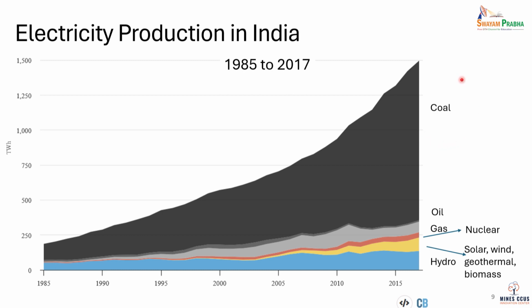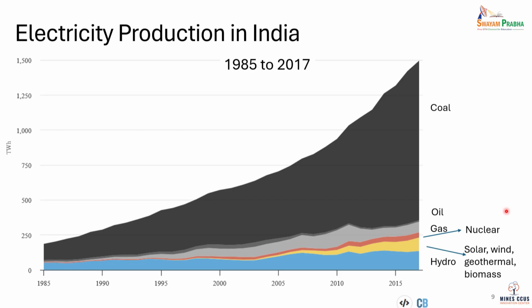We can decrease this part, but then we'll have to increase that proportionally. Remember, coal has a very high energy density. And so if we are replacing coal with any one of these alternative energies, we would have to put in much more effort to get the same amount of energy as coal.